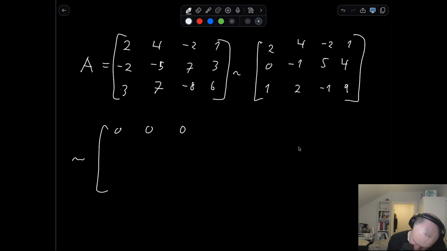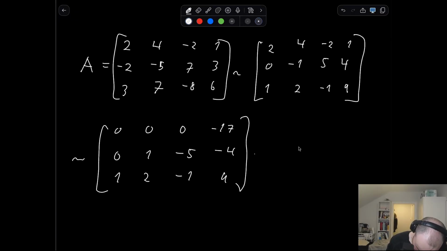And that's of course +1, so -17. I think this is correct as well. Nice. 0, 1, -5, and then -4, like that. Neat. This looks a lot better. 2, and then -1, and then of course 9. Ah, damn, that was super annoying.